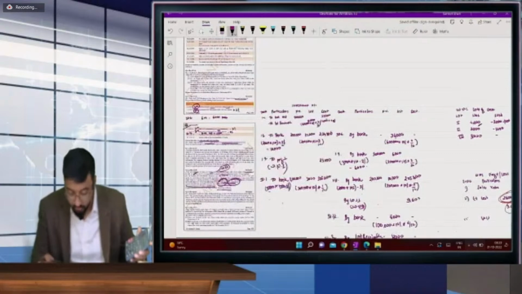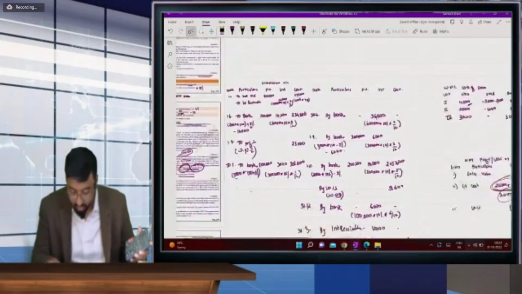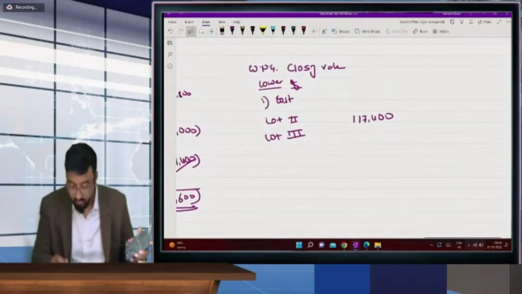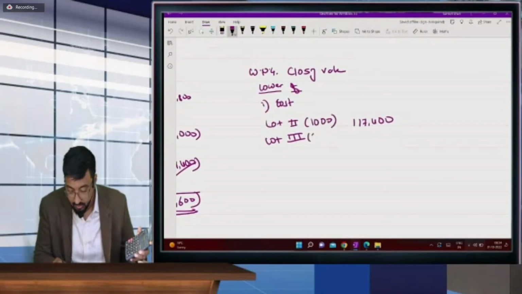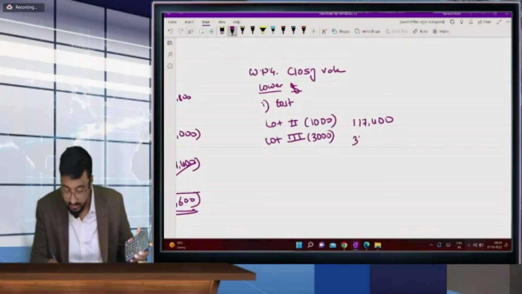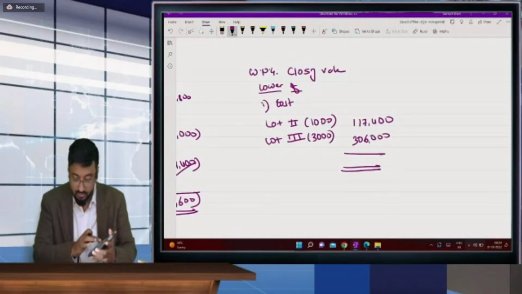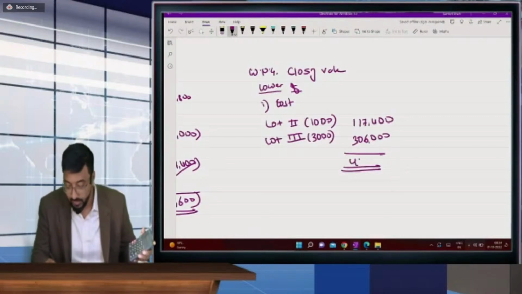Nothing was sold from lot 3, so 3,06,000. Lot 2's 1,000 and lot 3's 3,000. So total cost 1,17,400 plus 3,06,000, 4,23,400.